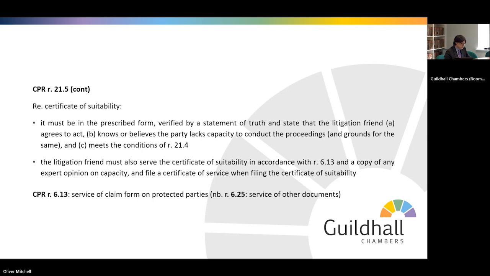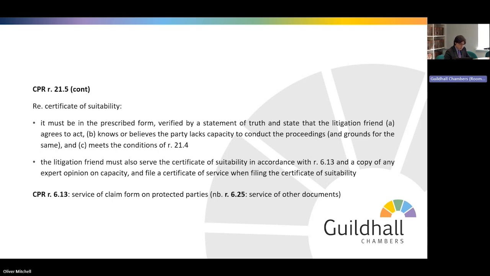6.25, I should say 6.13, is the rule that is referred to in Rule 21.5 in relation to the serving of the certificate of suitability. Other than where specifically provided, Rule 6.25 deals with documents other than the claim form, and that provides that any other document must be served on the litigation friend conducting the proceedings on behalf of the protected party, subject again to the court making an alternative order.